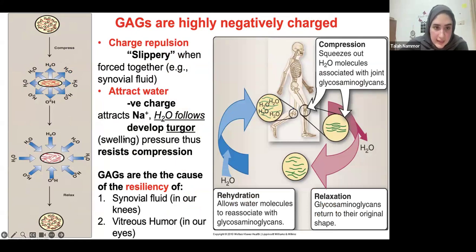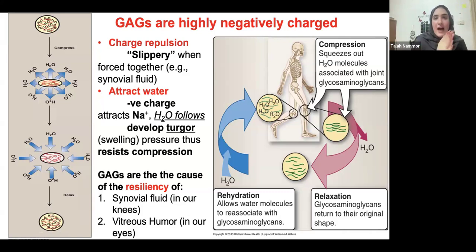So the glycosaminoglycans, what do they do? First of all, since they're slippery and they're all negatively charged, they basically repulse each other, and the negative charge will attract water. Why? How will it attract water? So we always know that negatives attract positives, okay? And what is an ion that we have in our body in abundance? Sodium. So the negatively charged glycosaminoglycans is going to attract the positively charged sodium, okay?